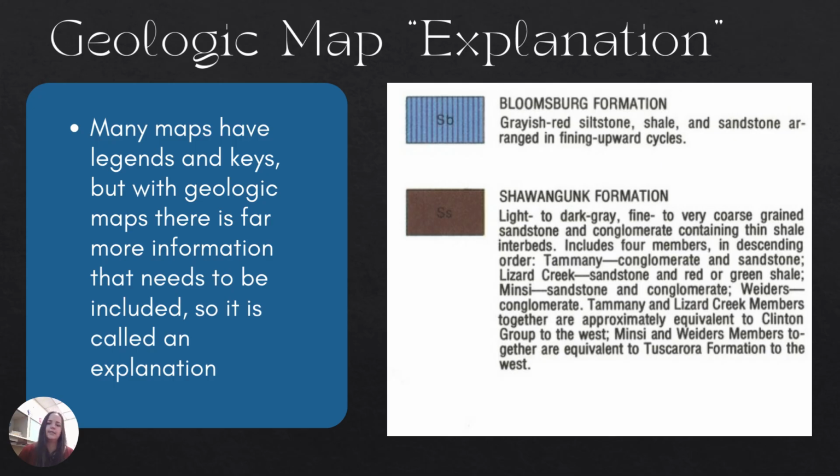And then there's SS here on the brown one. And it tells us that if you can't see which one's brown, you just use SS, and then you go to the legend or the explanation key. And then you can read what type of rock that is. Some of these explanations are going to be a lot longer than others, and it really just depends on the information that the map is trying to convey, how much information it wants to tell you.